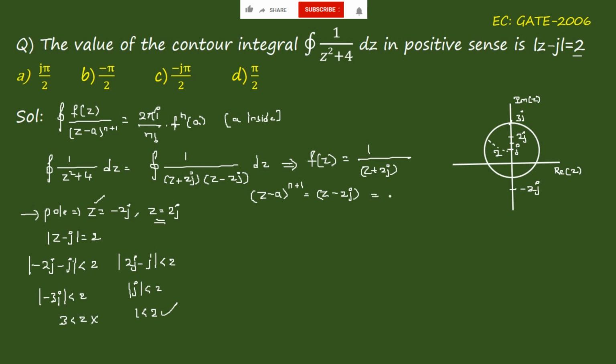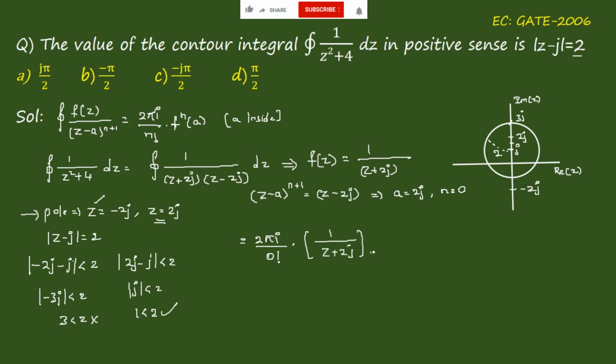So from here we can see that a is nothing but 2j and n is equal to 0. So substituting in this particular formula, we get 2 pi i by 0 factorial, and n is 0, so no need of differentiation. It becomes 1 by z plus 2j.